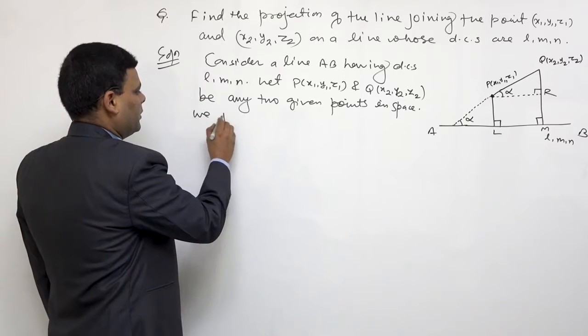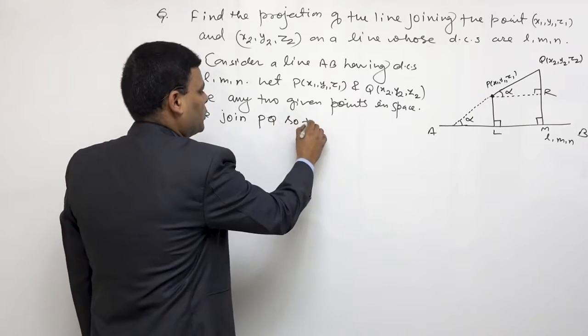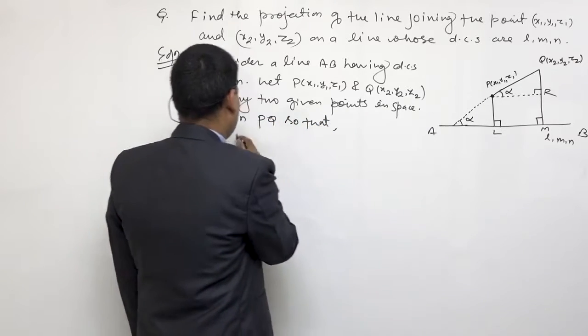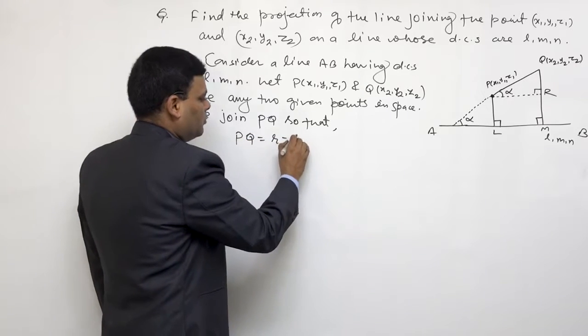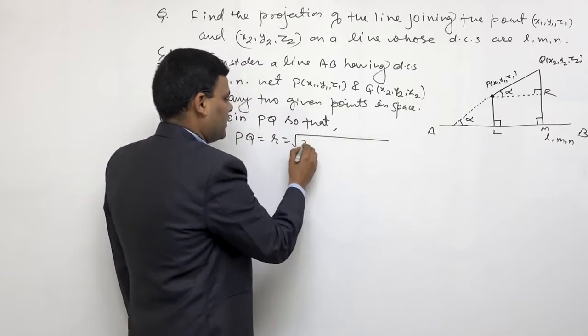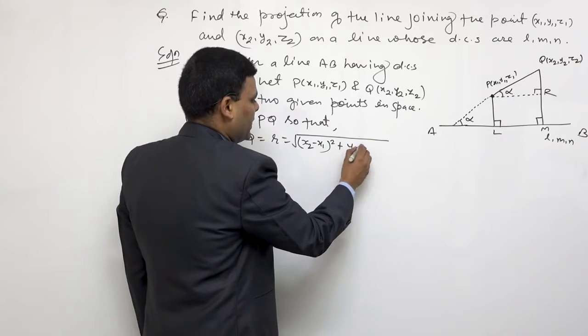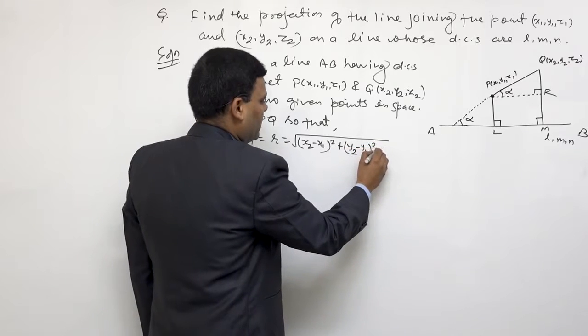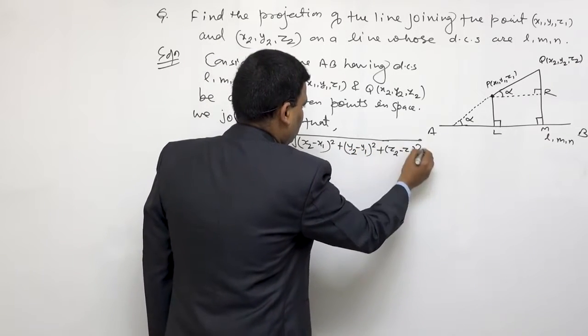We join PQ so that PQ equals r equals root over (x2 minus x1) whole square plus (y2 minus y1) whole square plus (z2 minus z1) whole square.